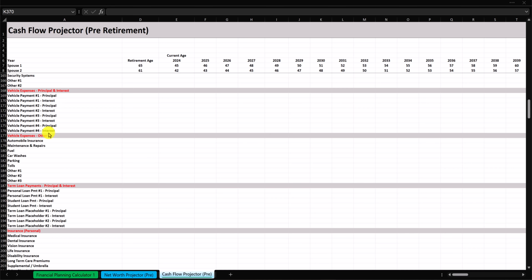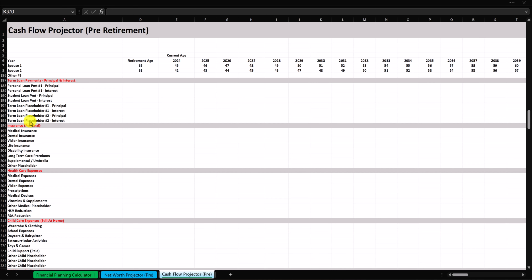Down here we will have other vehicle expenses, and following that we will deal with other types of term loans, again broken out between principal and interest. These can include personal loans, student loans, and any other kind of loans that are term loans, not revolving loans like credit card debt, but term loans similar to loans that you would take on a piece of property or a vehicle or a student loan, etc.